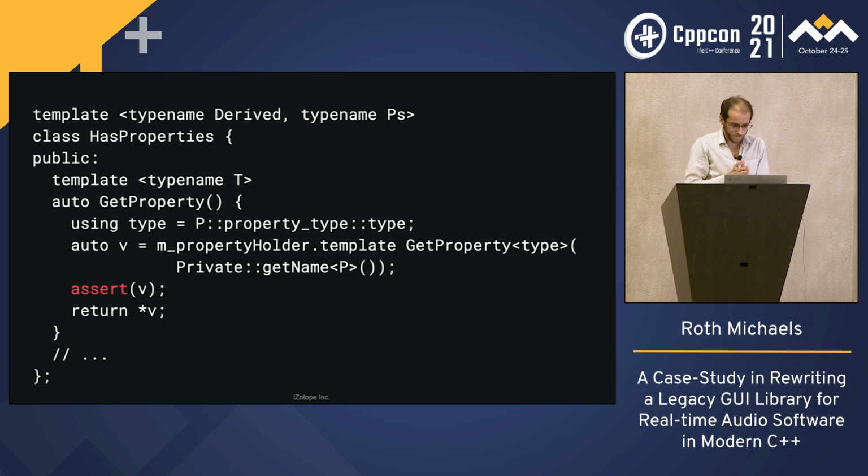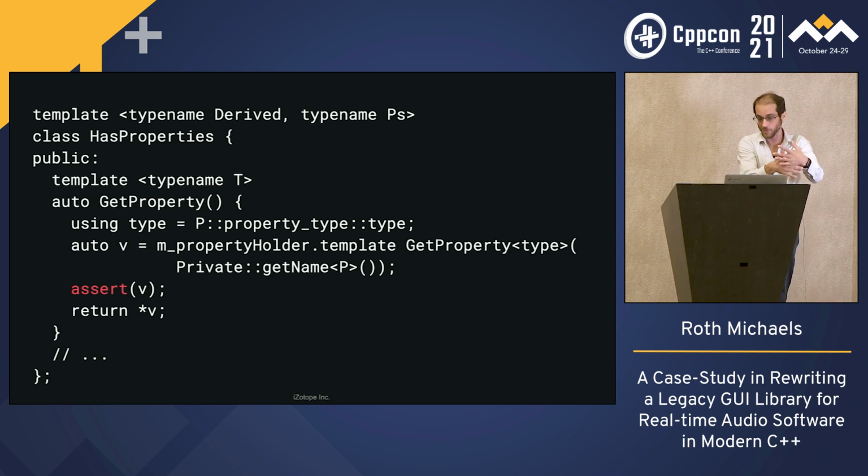The basics of it are pretty simple. The using type there is just to make this P property type a little bit smaller for the slides. All we're doing is calling on our property holder, get property on the type, and then using the string name that we get from our get name P. That was using our old API where we pass it a string name and we're expected to know the correct type. Now, our struct earlier has tied those two items together.